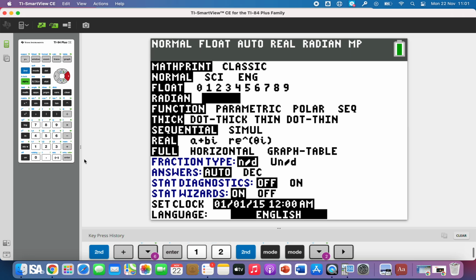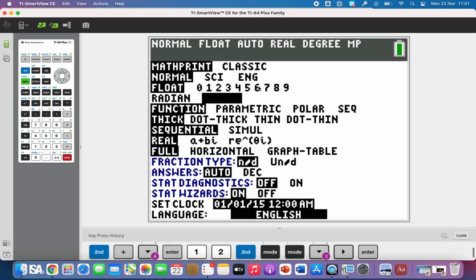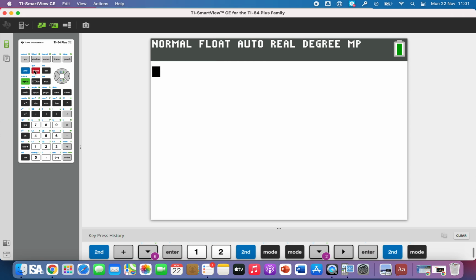See that blinking, and then hit enter. Okay, you see from radian, now it is degree. Then again, quit.